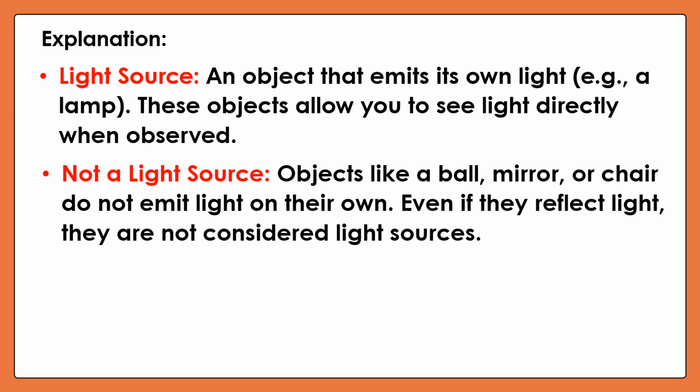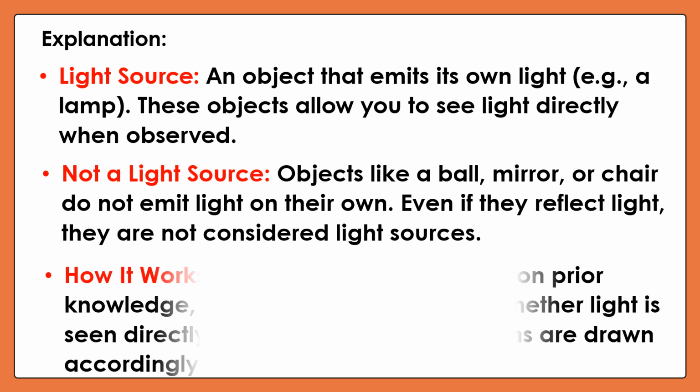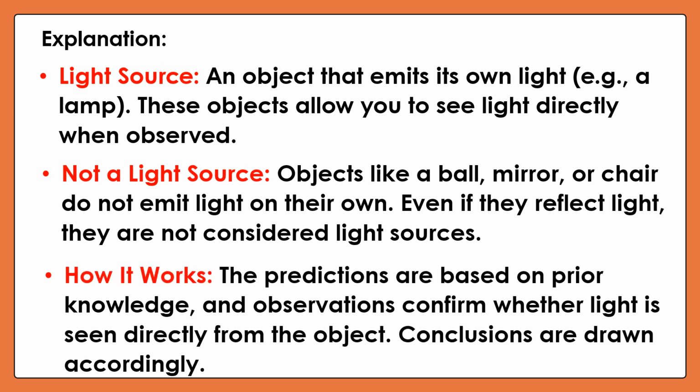Even if they reflect light, they are not considered light sources. How it works? The predictions are based on prior knowledge, and observations confirm whether light is seen directly from the object. Conclusions are drawn accordingly.